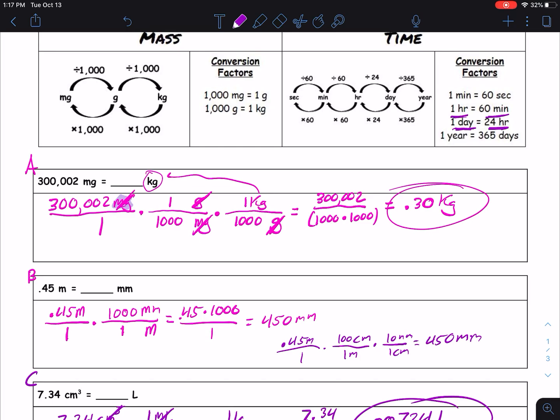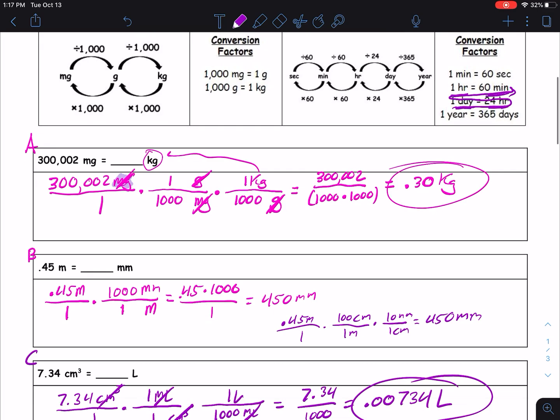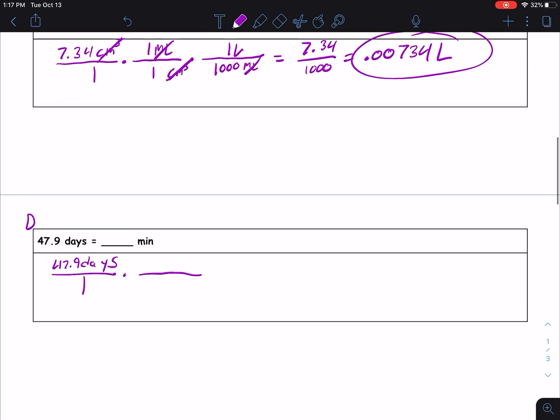So we're going to go days into hours, and hours into minutes. So 1 day equals 24 hours, and then 1 hour equals 60 minutes. Days cancel, hours cancel. We're left with minutes. We're good there.